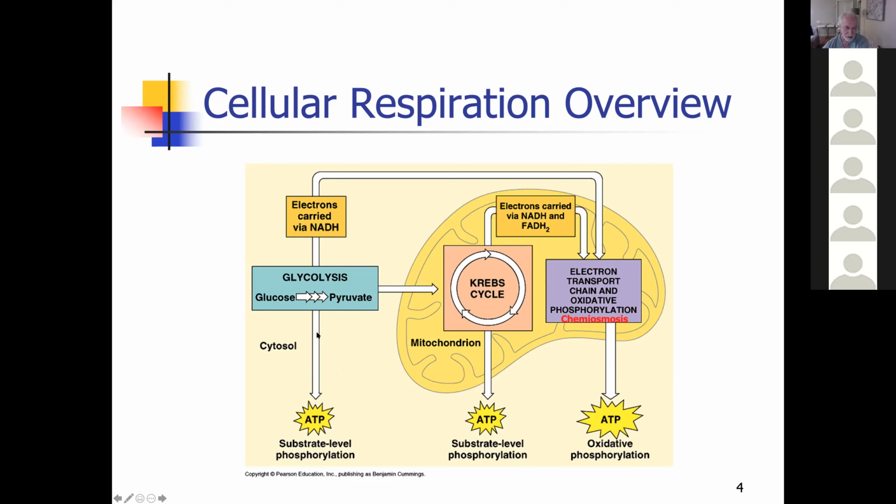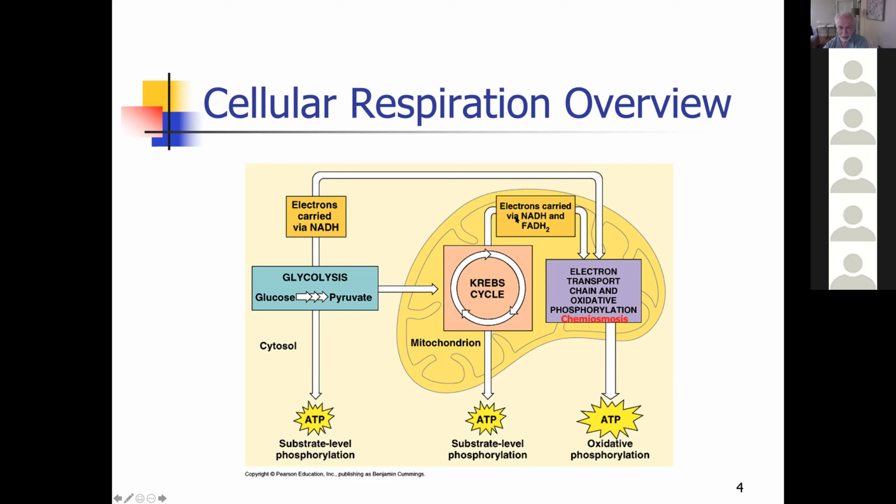One, there's a substrate level ATP production in glycolysis. There's another one in the Krebs cycle, but the bulk of the ATP comes from oxidative phosphorylation via the electron transport chain. So the main function of the Krebs cycle is that it produces reducing power.